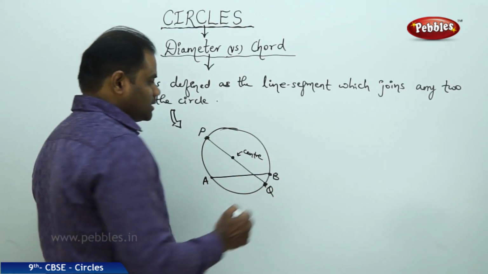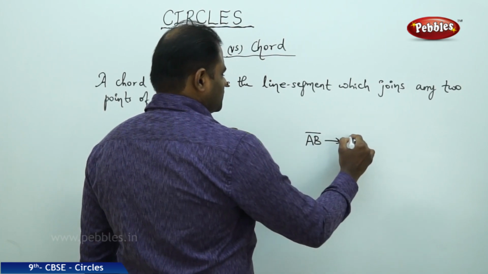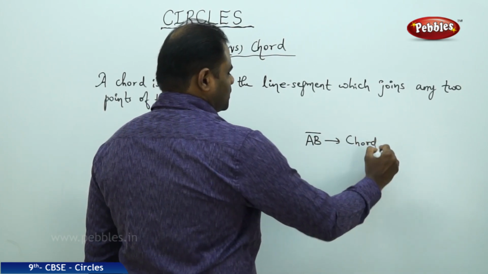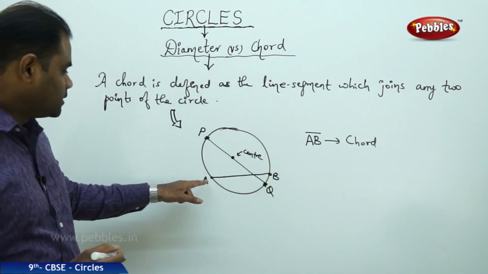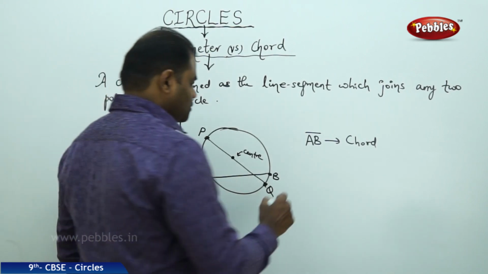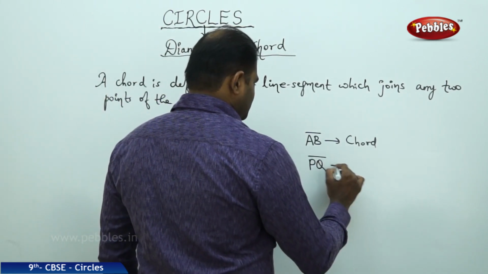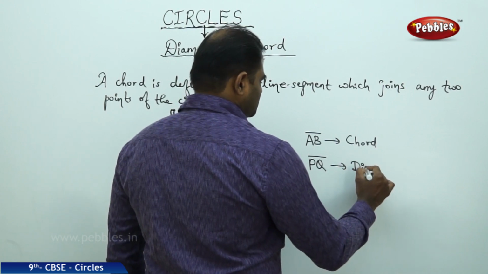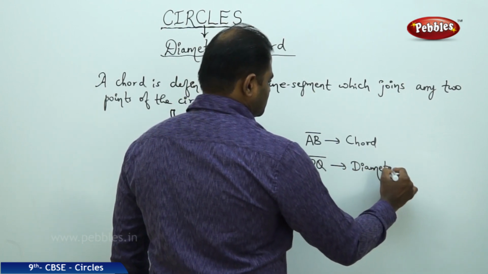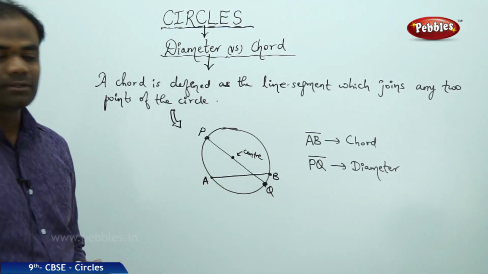So here I understand that AB is the chord but cannot be the diameter, because this line AB does not pass through the center, but the line PQ is the diameter because it passes through the center.